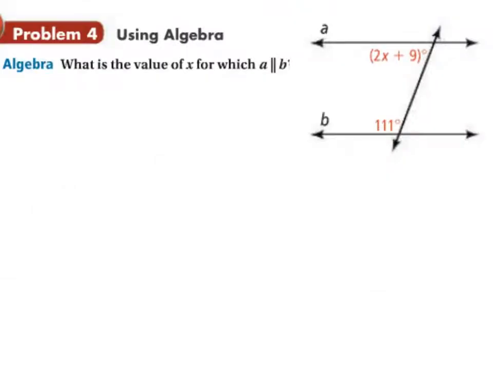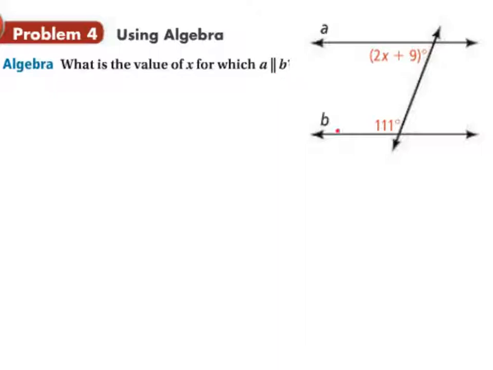This is what the problems are going to look like for us today. It's going to look like this, and again, notice that there's no triangle on these lines. So right now, I do not assume that there are any special relationships because these lines are not parallel. But the question says, what is the value of x for which A would be parallel to B?